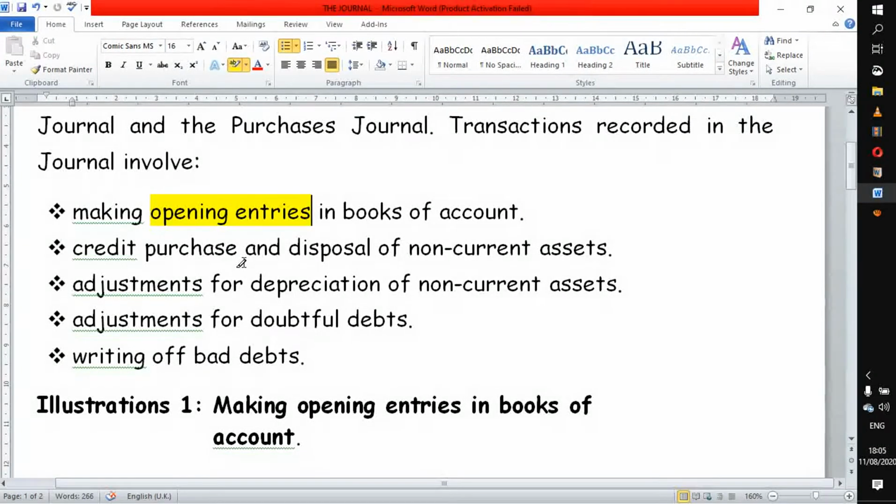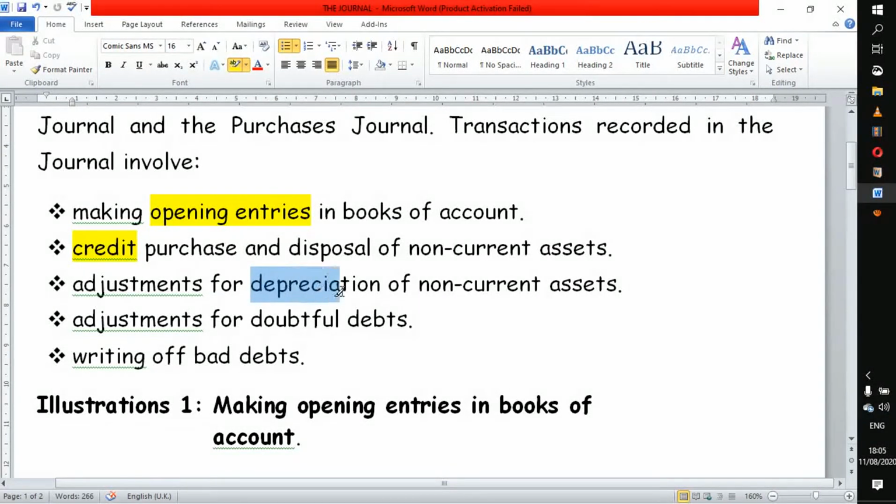You need to make first entries, and the journal is there to do that for you. And it is there to record when assets are bought and disposed of, especially on credit, which means the buyer is not paying cash, so you can record it in the journal.